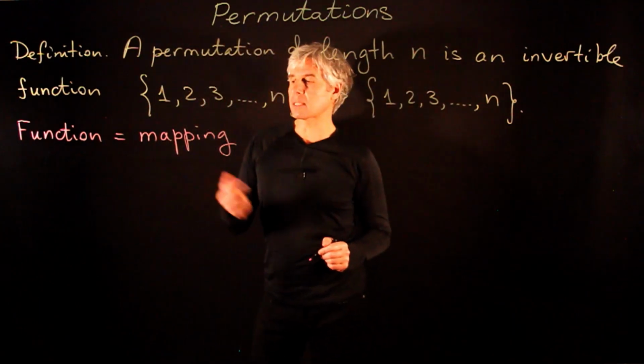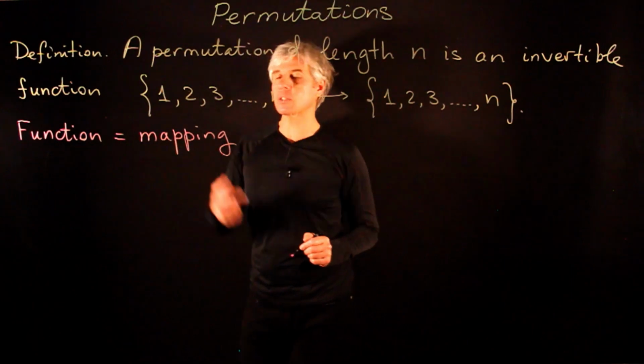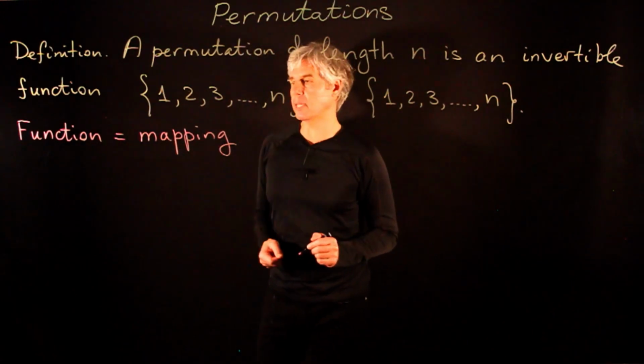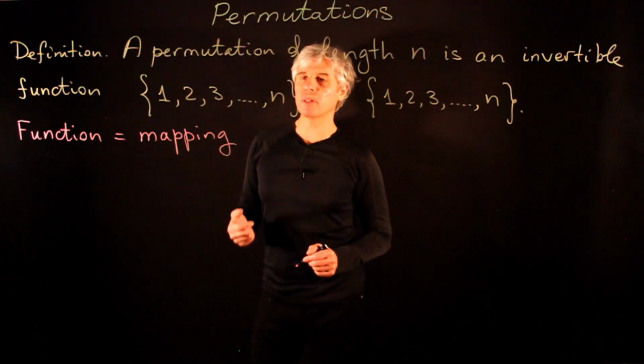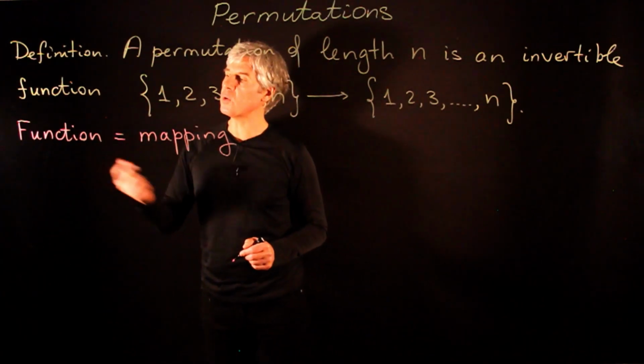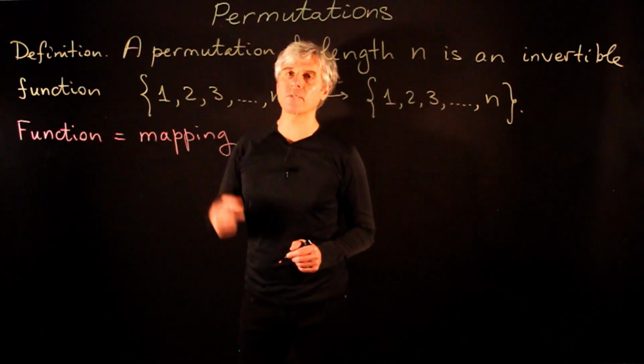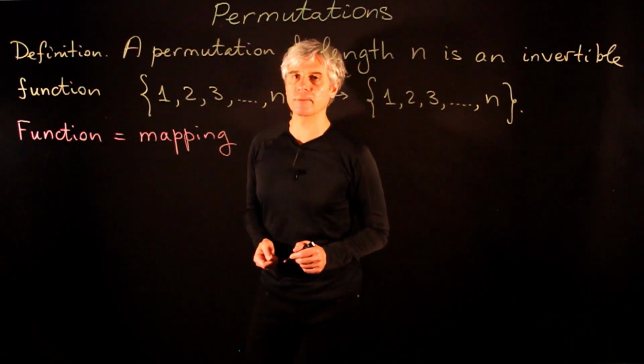And mapping is a synonym, but it's more used in geometric context. And like northern people who have a multitude of words for various grades of snow, mathematicians have more than one word for the notion of function.